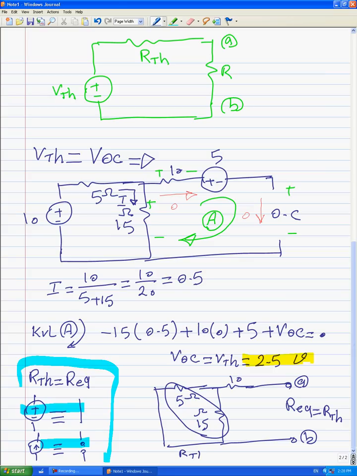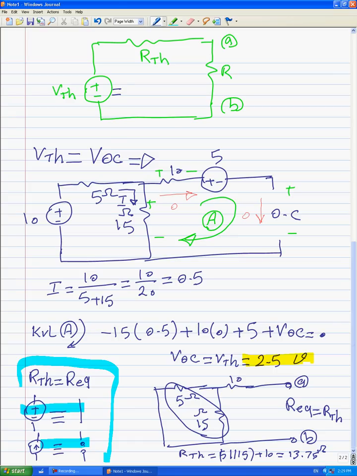That's why RTH is equal to 5 parallel to 15 plus 10, which is equal to 13.75 ohms.